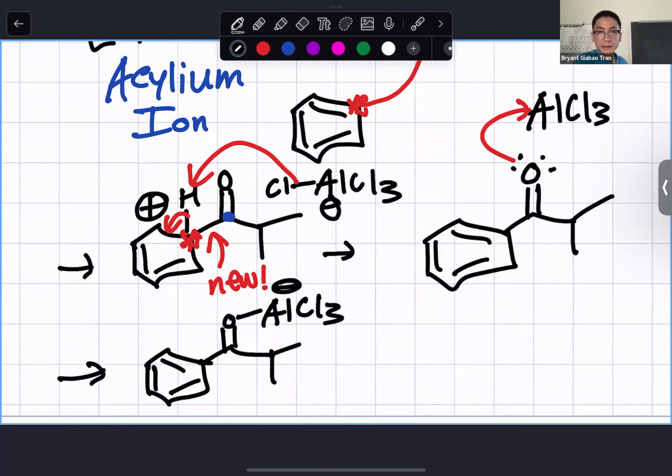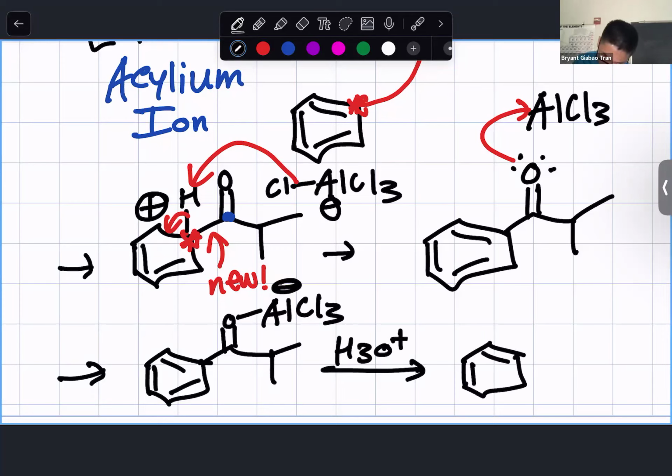That's why we have to bring in the acid workup step, H3O+. That would just get rid of that group and go back to what we had earlier. It washes the metal catalyst off. Yeah, that's the complete mechanism.